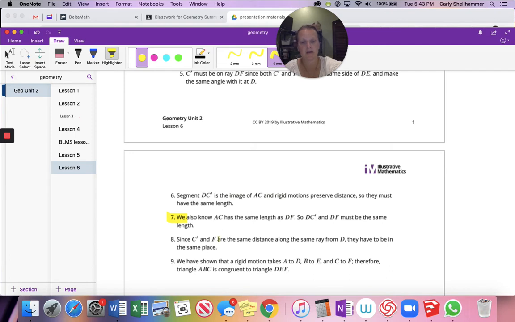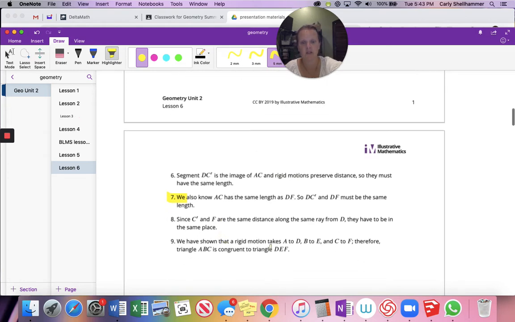Since C prime and F are the same distance along the same ray from D, they have to be in the same place. So we have shown that rigid motions take A to D, B to E, and C to F. Therefore, triangle ABC is congruent to triangle DEF.